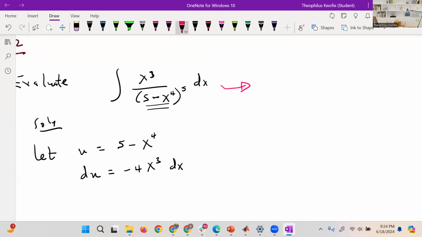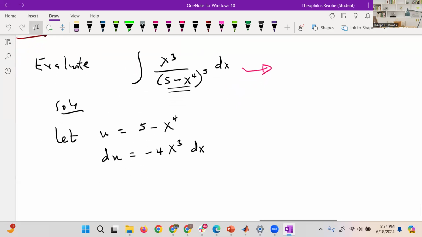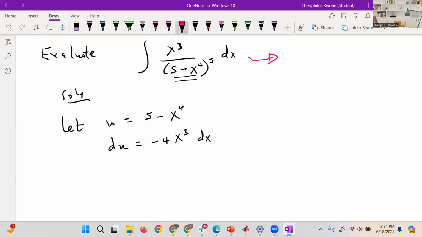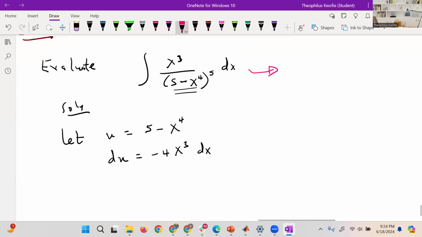Because we want to take care of that. Or another easier way is that we see we have x to the power 3 multiplying the dx here, so we can also isolate this, okay?